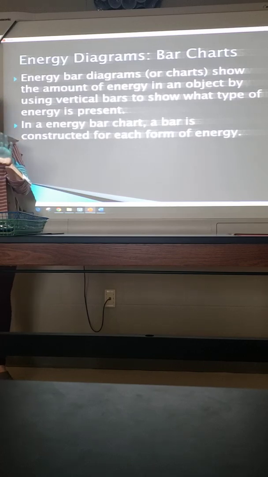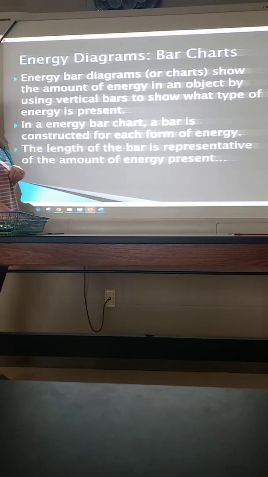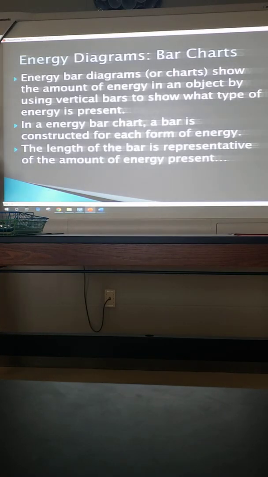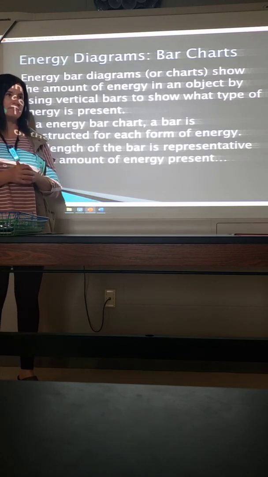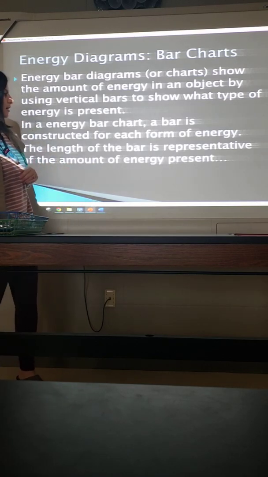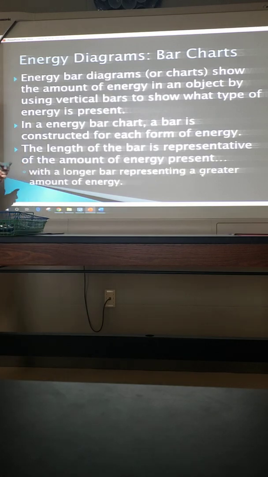So for kinetic, for potential, and then there's usually a third one, which represents the total energy in the system. The length of the bar, or how much of that bar is shaded in, represents the amount of energy that's present. So it's just a way to represent the energy. Obviously, the bigger the bar, the more it's shaded in, the greater the amount of energy that it has.